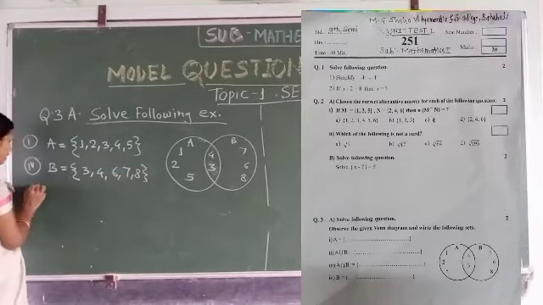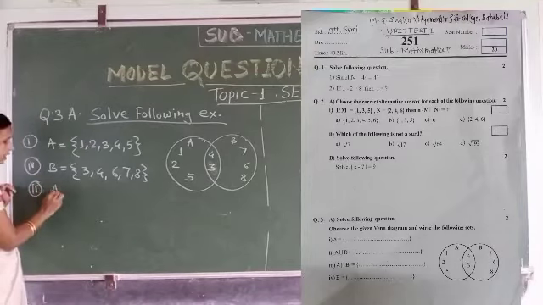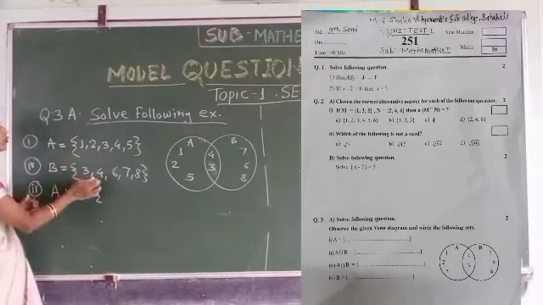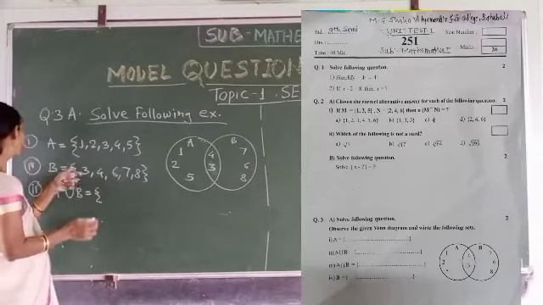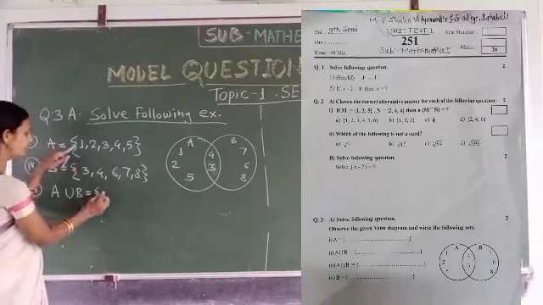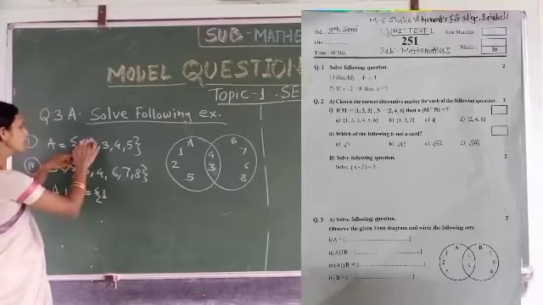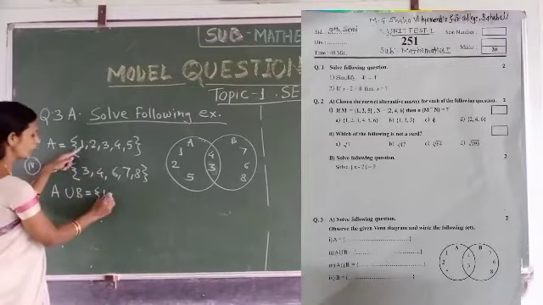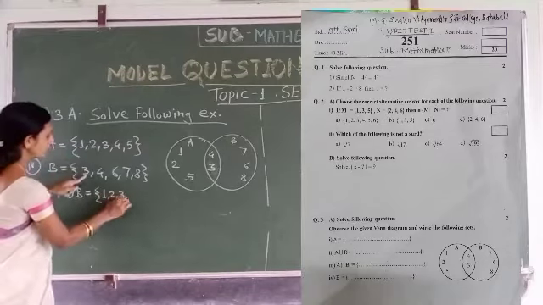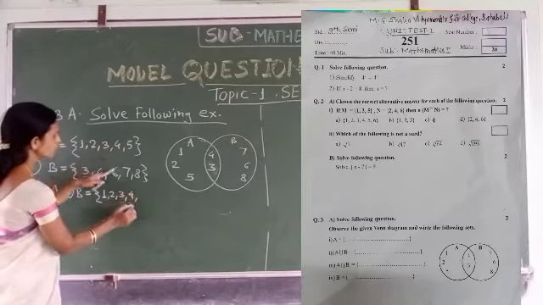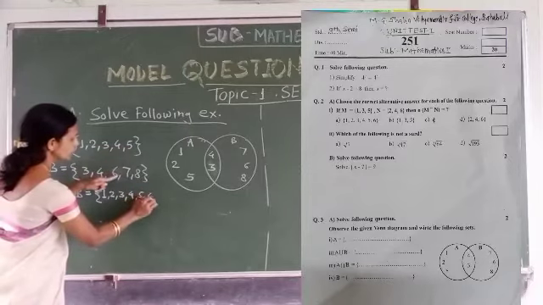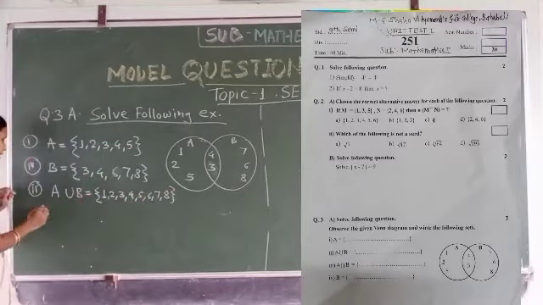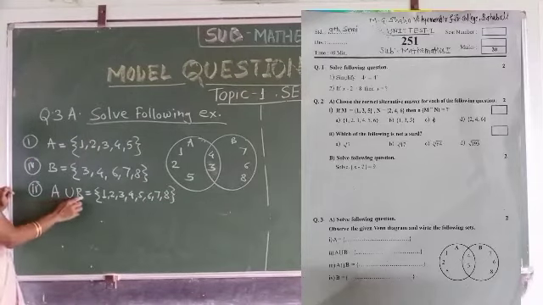Then the second option is A union B. We have to find the union set of the two given sets A and B. Therefore, all the members present in A and B we have to write here: 1, 2 is there, 3 is common, 4 is also common, 5, 6, 7 and 8. Those are the members of A union B.